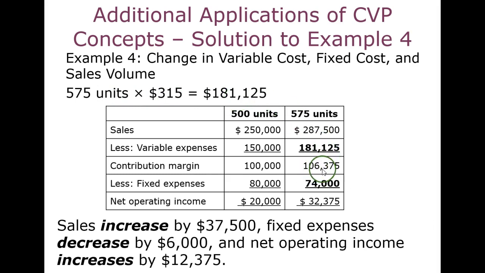That leaves us $106,000 in contribution margin, so we're up there. Our fixed expenses lowered. We took $6,000 out of the fixed expenses down to $74. So not only did our contribution margin go up, but our fixed expenses went down, so it made an even better impact on the bottom line. So we're up to $32,375. We had a jump of $12,375 for this. So this is a very good decision here.